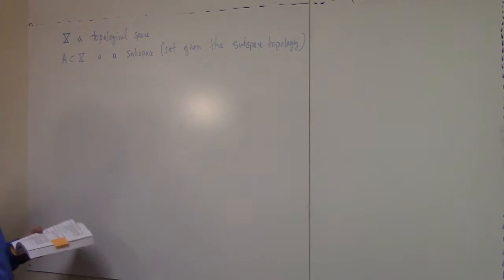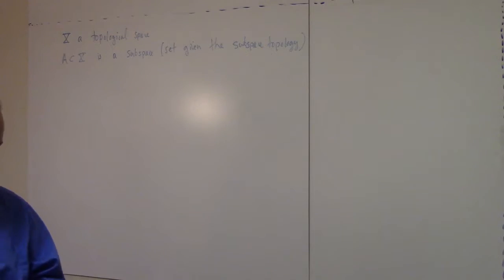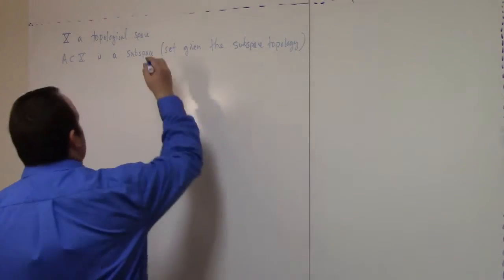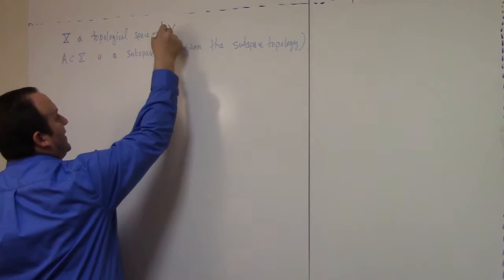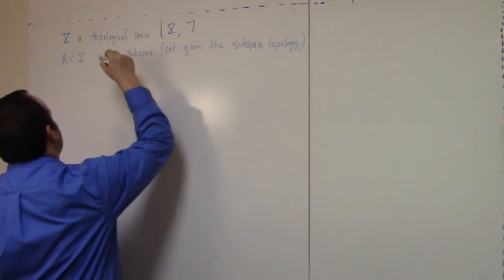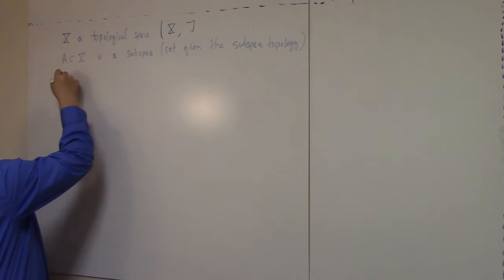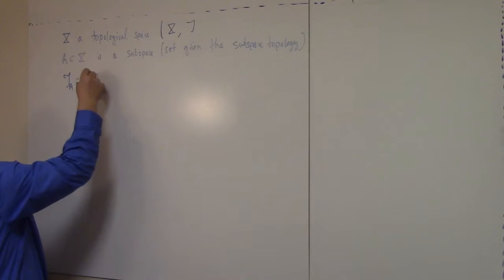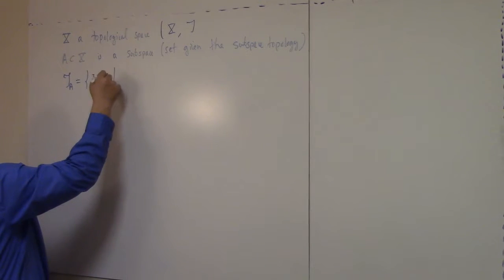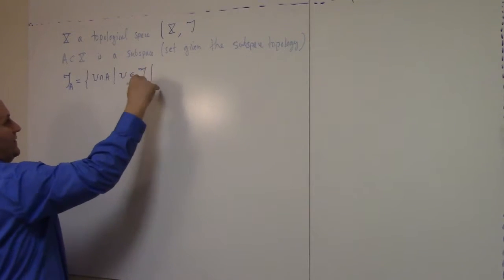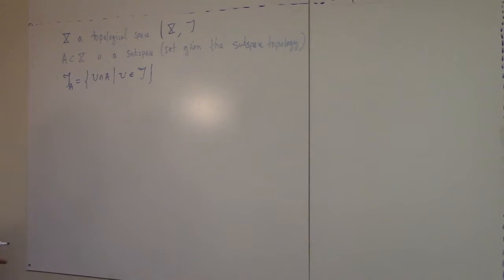What was the subspace topology? It's the intersection of A with all the open sets. Let's say more precisely, this was X paired with the topology tau, and the topology induced on A is just U intersect A such that U is an element of the topology on X. So that's the subspace topology.